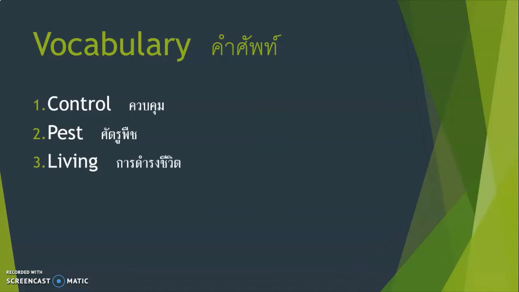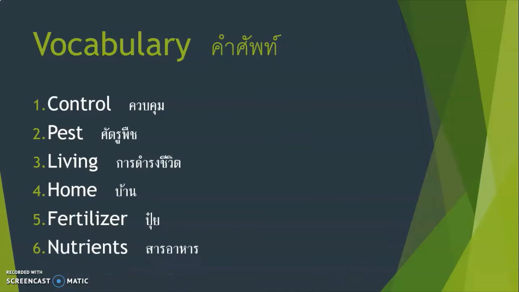Number three, living. Number four, home. Number five, fertilizer. And number six, nutrients. All right.